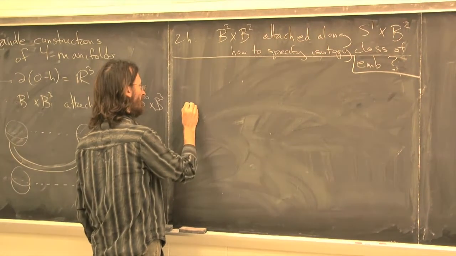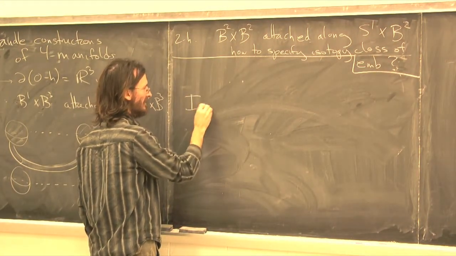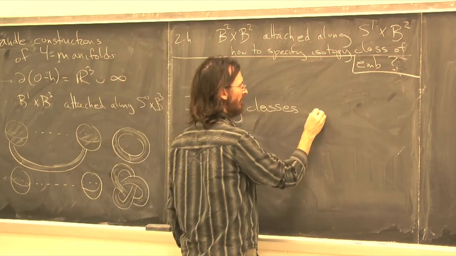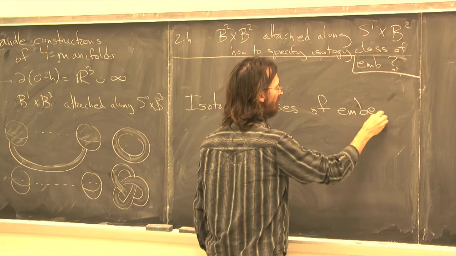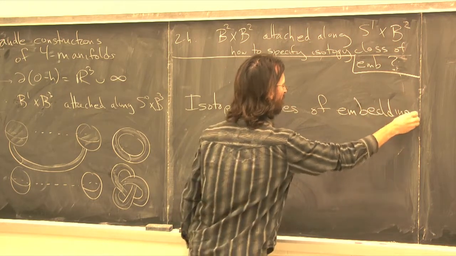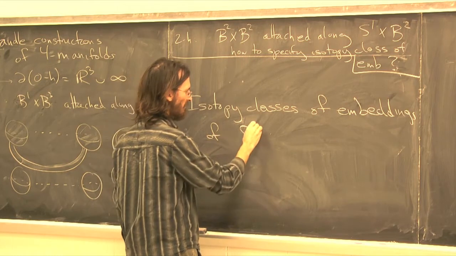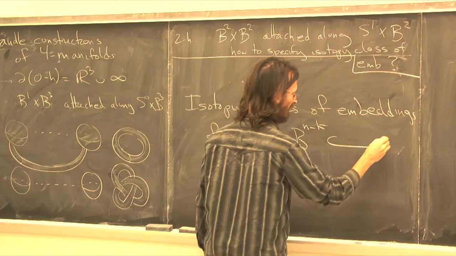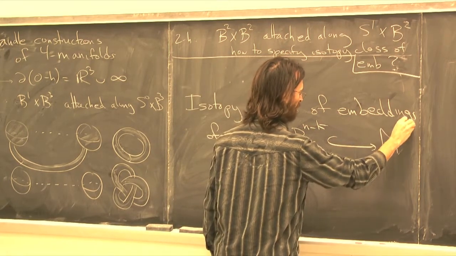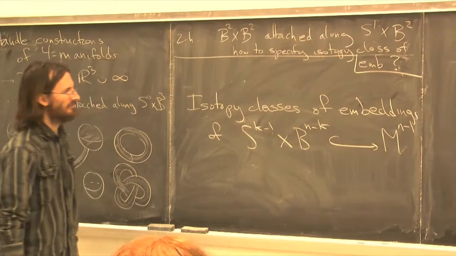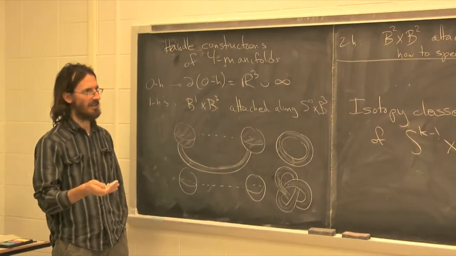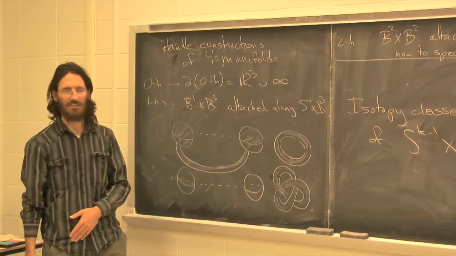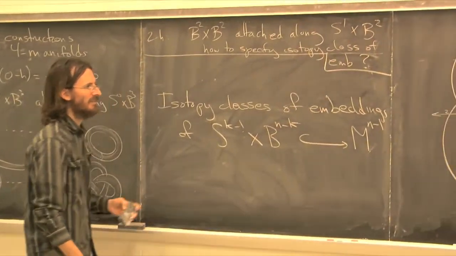So we can consider isotopy classes of embeddings of S^(k-1) cross B^(n-k) into some (n-1)-dimensional manifold, which is typically the boundary. So your (n-1)-manifold is the boundary of whatever you've built so far. Maybe it's just a sphere, for example.